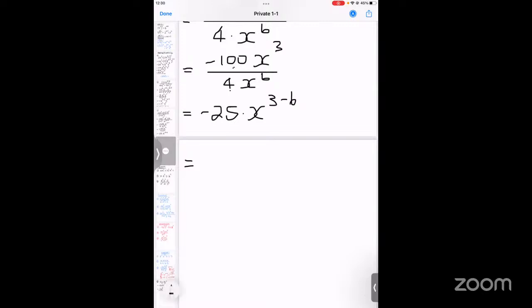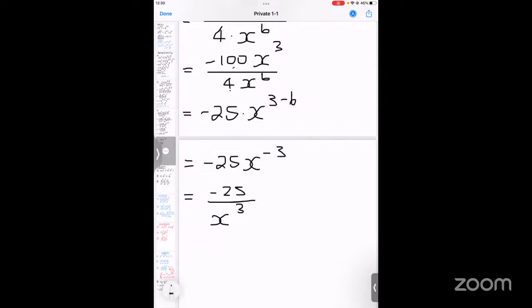So that means we have -25x to the -3. So it's always best, you see, if it is not a fraction and our exponent is negative, then you just say -25, you write the coefficient as it is, then you say over, then you write it as x to the +3.